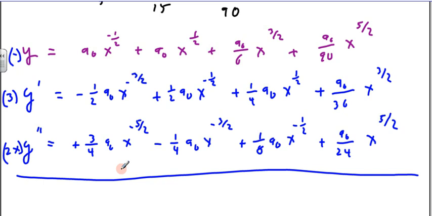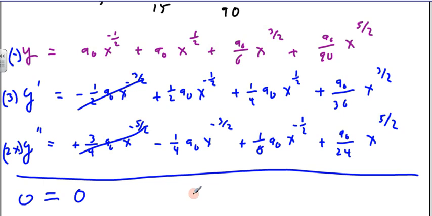Okay, so if I look at 2x, so I'm looking at the minus 5 halves x term, and I got 2 of them, so that means I have 3 over 2, and I have minus 3 over 2 that go away.